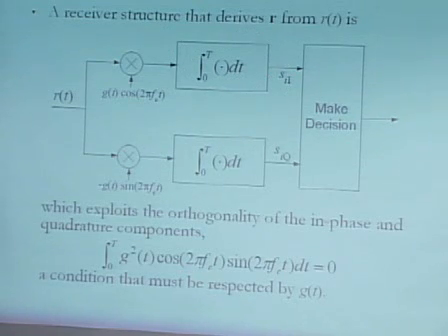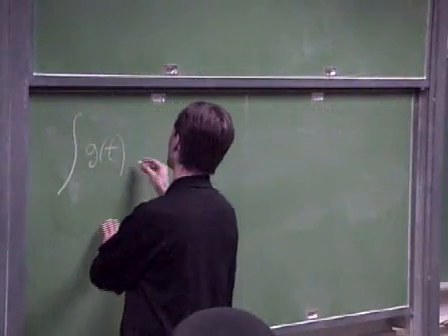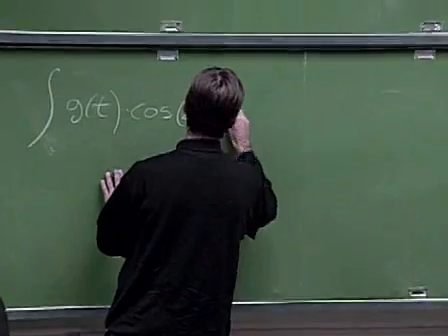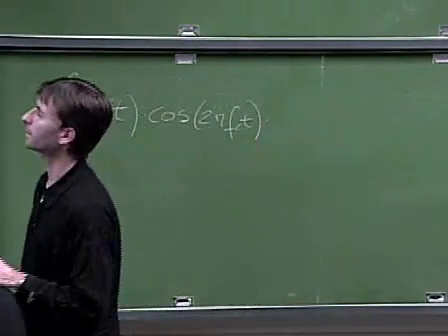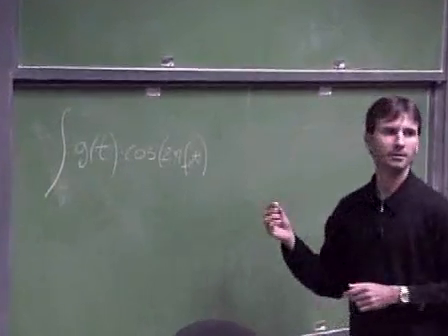What do we get at the end? Let's work it out. We have the integral of g(t) times the cosine times r(t). Now, what was r(t)? It was the signal that we sent plus noise.